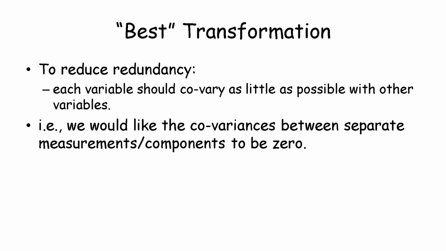In a way, they are redundant. In our transformed space, the abstract attributes should covary as little as possible, such that each one contains information not present in the other attributes. In other words, in the transformed space, the abstract attributes, the basis vectors, should be correlated as little as possible.